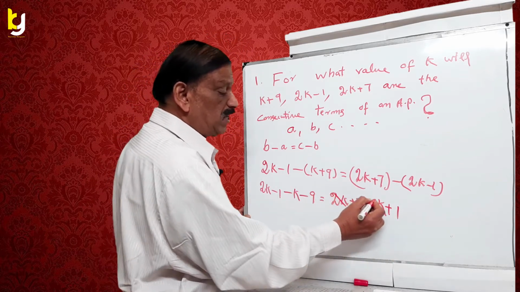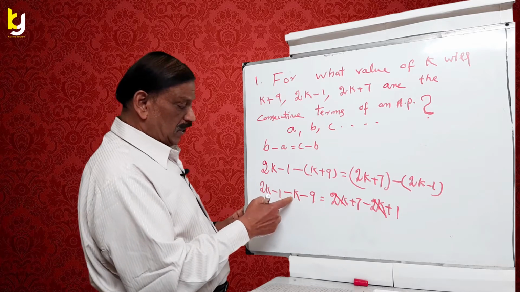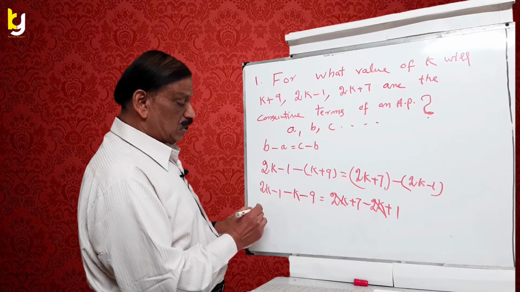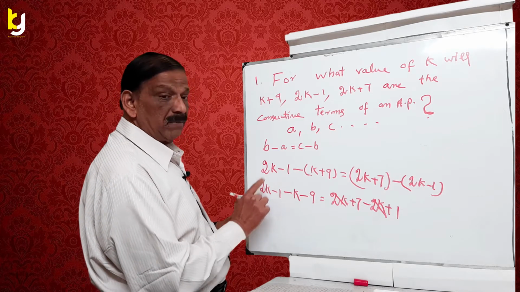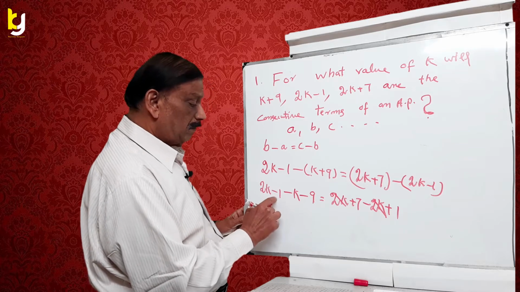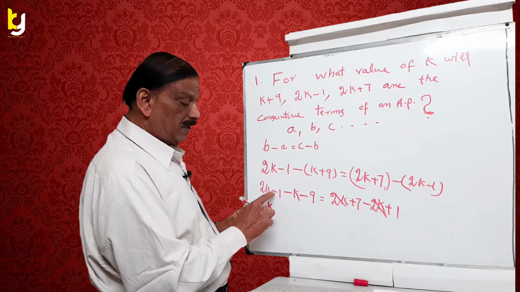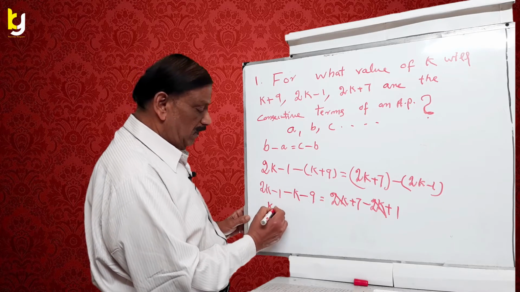See, 2k minus 2k cancelled. Here 2k minus k minus 1 minus 9: 2k minus k is k. Minus 1 minus 9, add 1 and 9 and put the minus sign, so this will be minus 10.